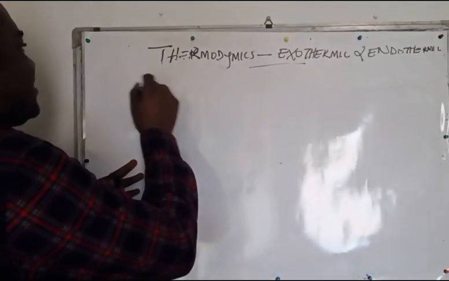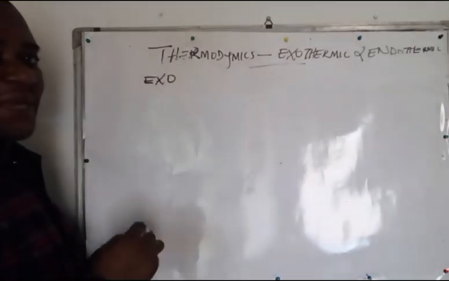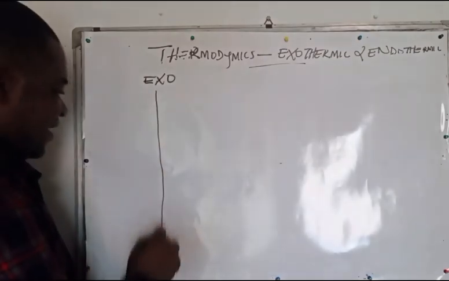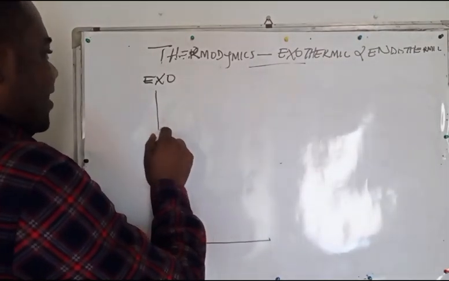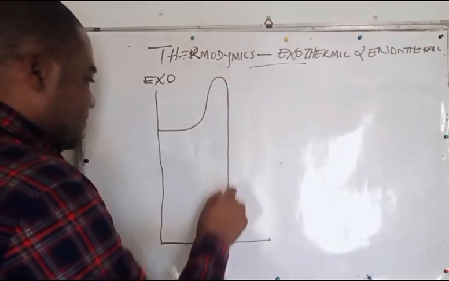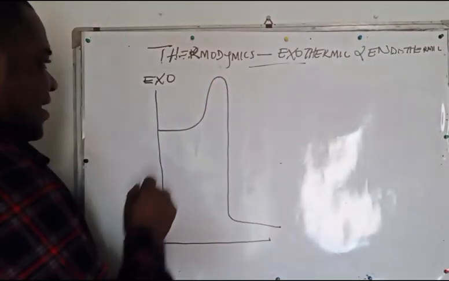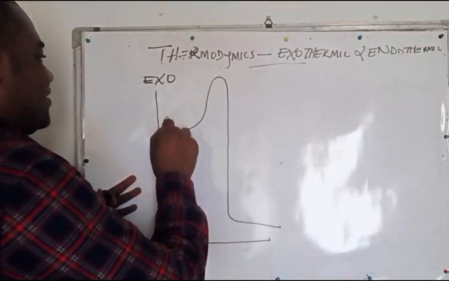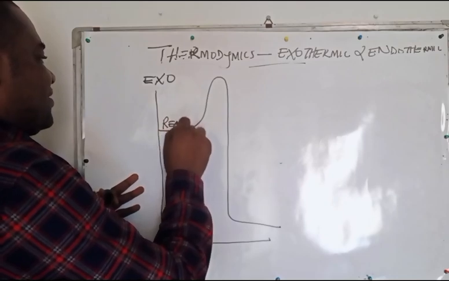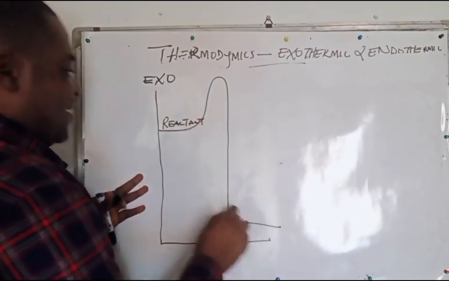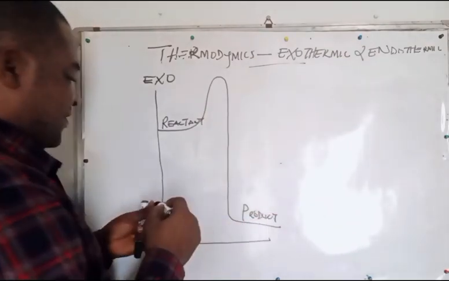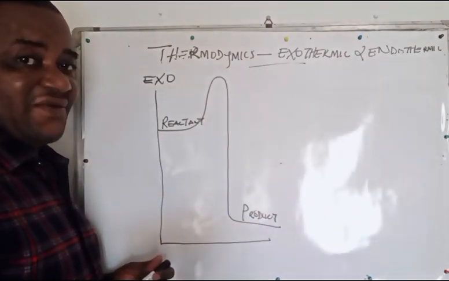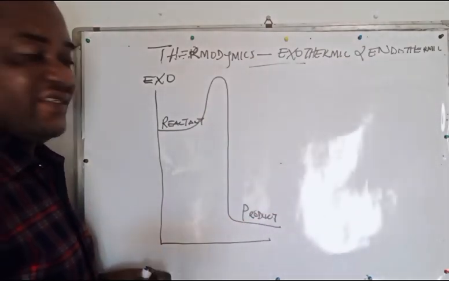Now, for an exothermic reaction, we have something like this. This is your reactant, and this is your product. Reactant is the starting material, the product is what you aim to achieve.